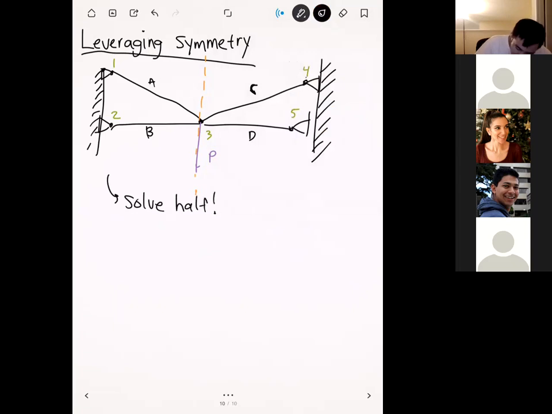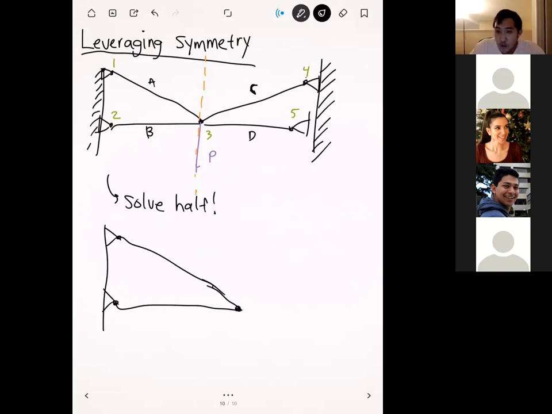And so instead of solving that big thing, let's just solve the left half. Right, and so the left half just looks like this, okay? This is nice because it's half the work, right? So it's half the elements and only three of the nodes, okay?